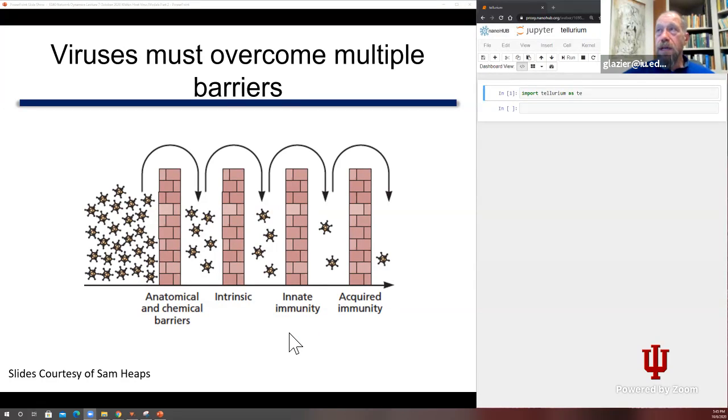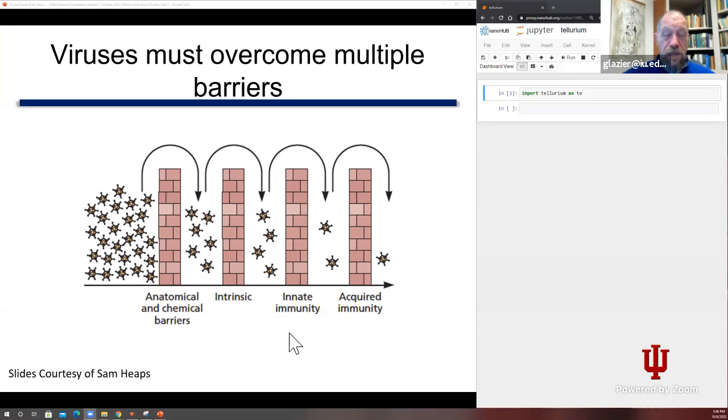But one of the things that has to happen if you're going to become infected at all is that the virus has to get in and replicate. And there are a variety of stages in your body, some of which we've talked about, which try to prevent viral infection. There are studies, for example, in seawater, looking at a milliliter of seawater and trying to count the number of viruses.